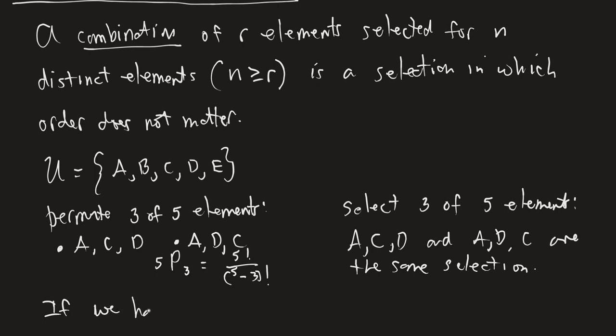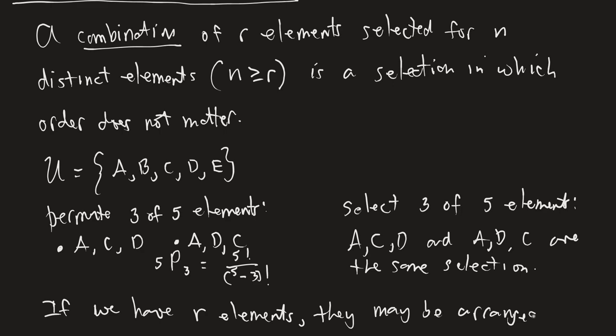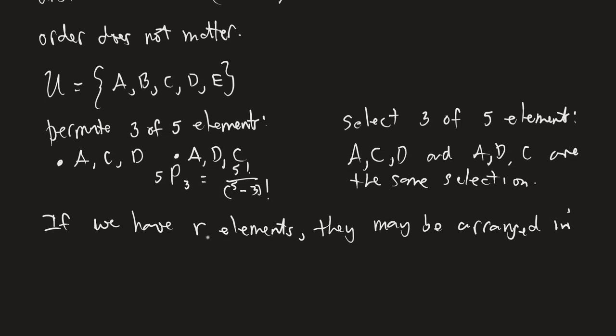If we have R elements, how many ways can we arrange them? Let's see if we can figure it out.